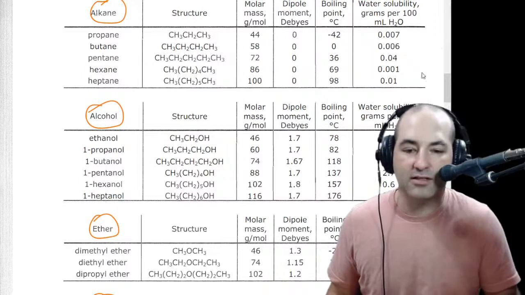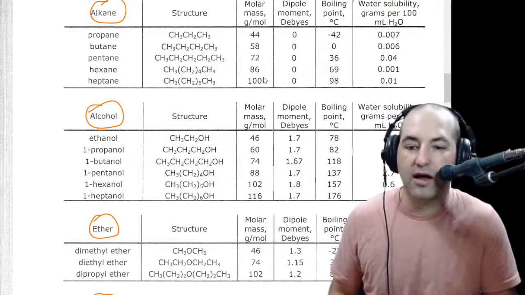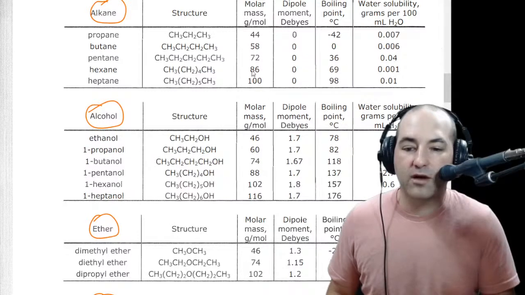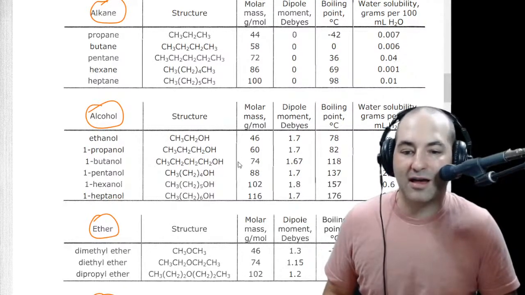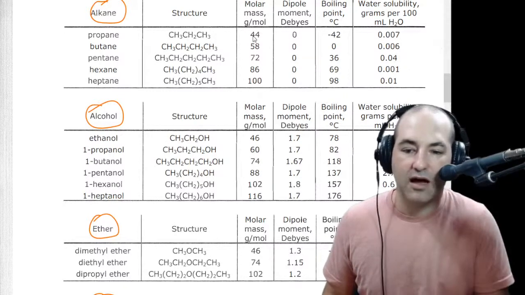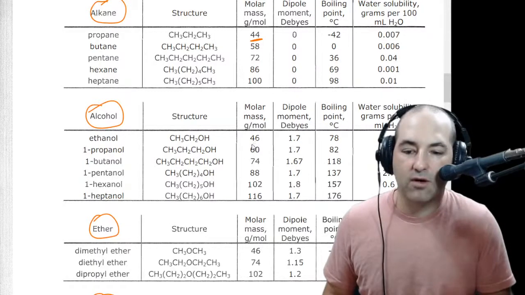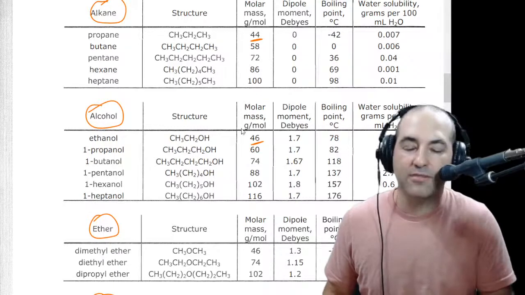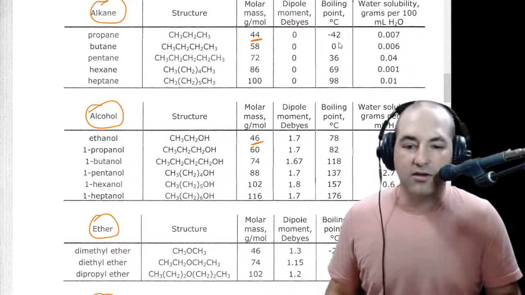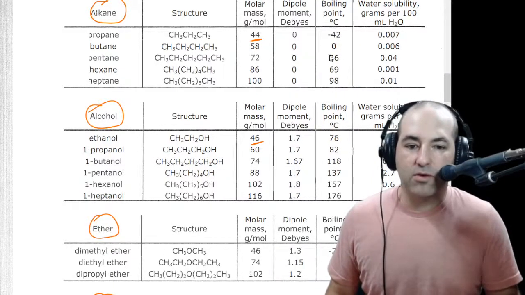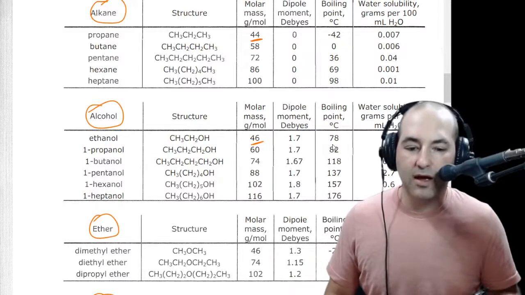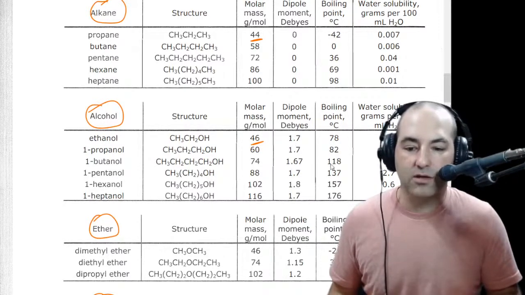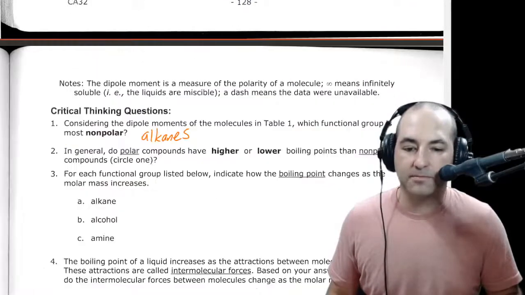The way to do that is to look at the size. I think it tells you that a little bit later on. But if we look at molecules of comparable size, like an alkane that's about 44 grams per mole and an alcohol that's 46 grams per mole, that's about the same size. Now you see a massive difference in boiling point between those two, and that maybe has something to do with the polarity. So you can make some conclusions about that and answer that question.